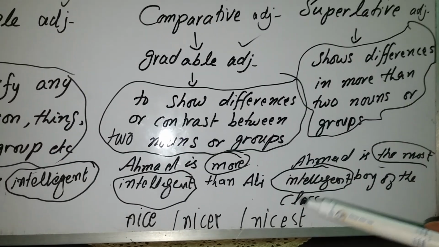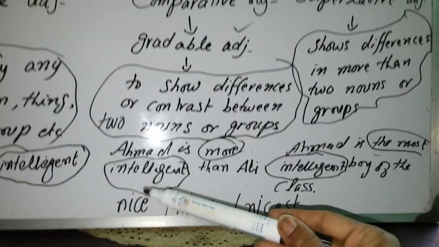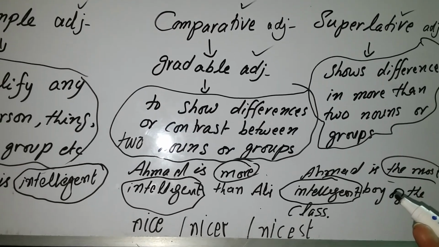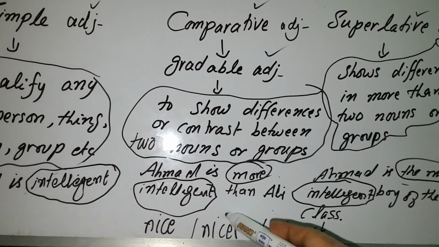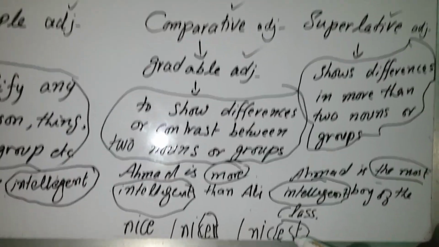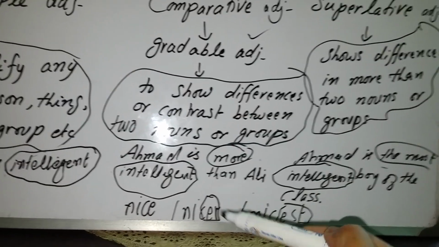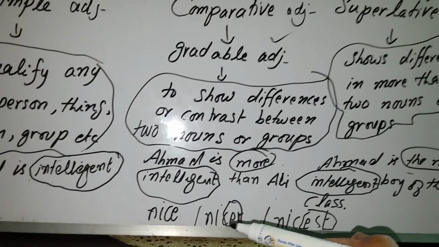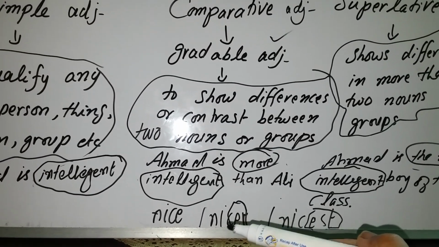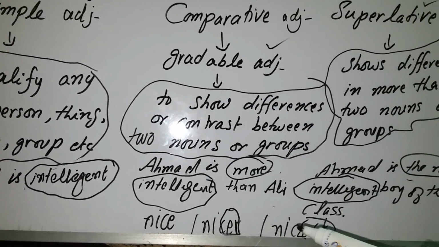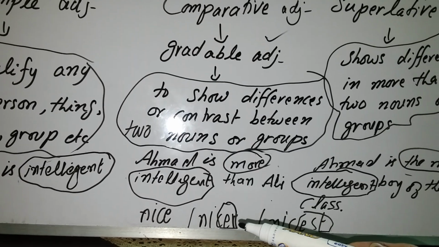Now we will see how an adjective can be converted into comparative or superlative degree by using ER at the end of the adjective and EST at the end of the adjective. Which are the adjectives which carry ER at the end for converting them into comparative degree, and which are the adjectives which carry more before the first degree?